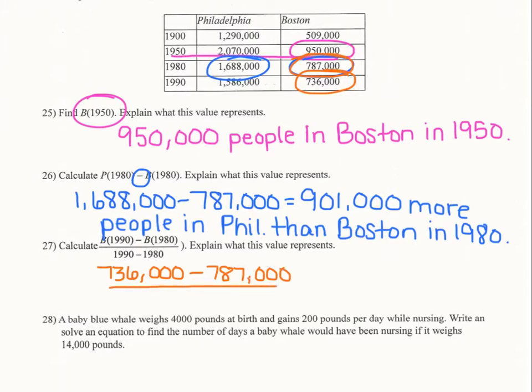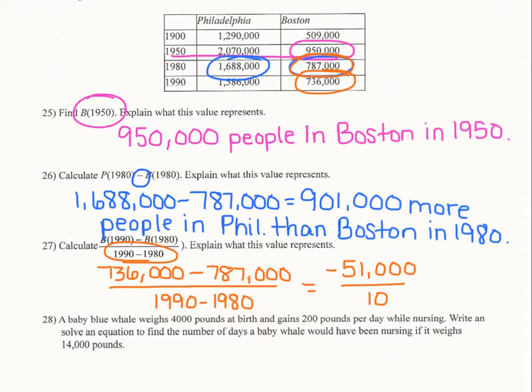And when it gives me this division by 1990 minus 1980, that's treating those as numbers. So I want to know what is 1,990 minus 1,980. Here's what that's going to give me. Up on the top, I end up with negative 51,000. And on the bottom, I end up with 10.